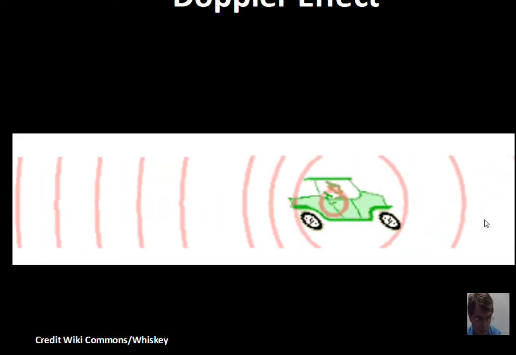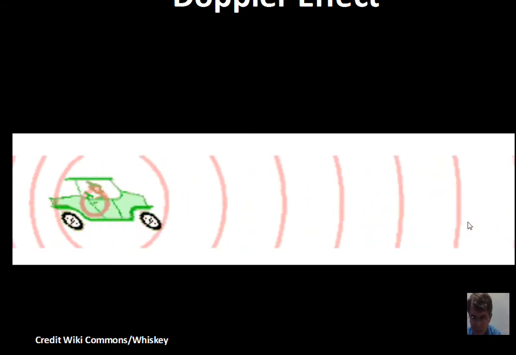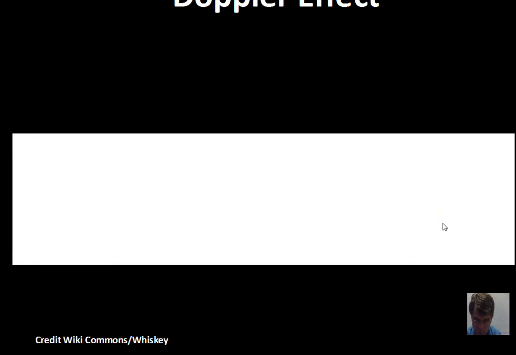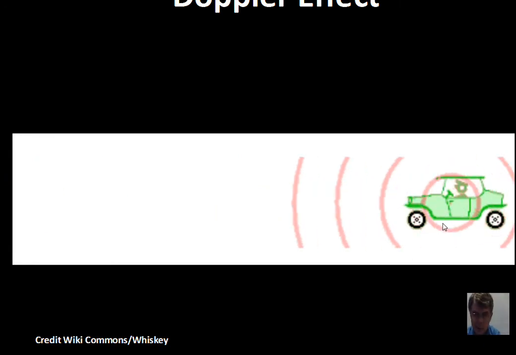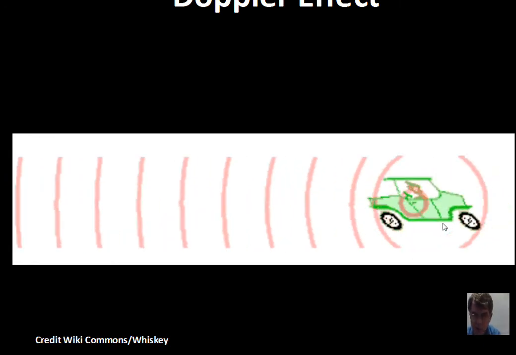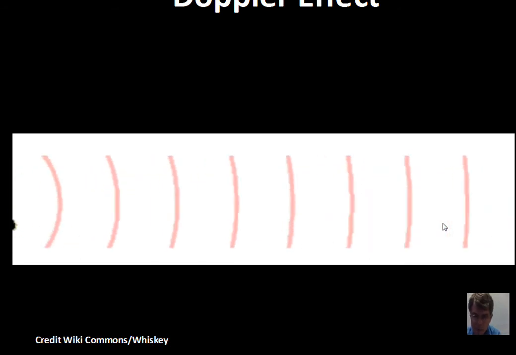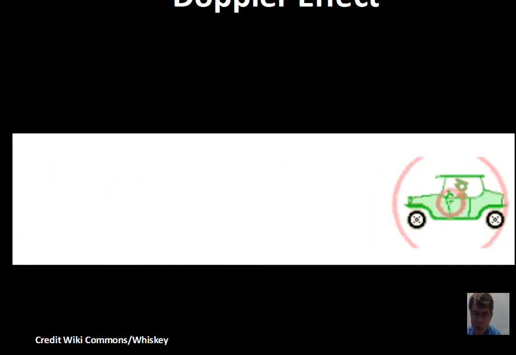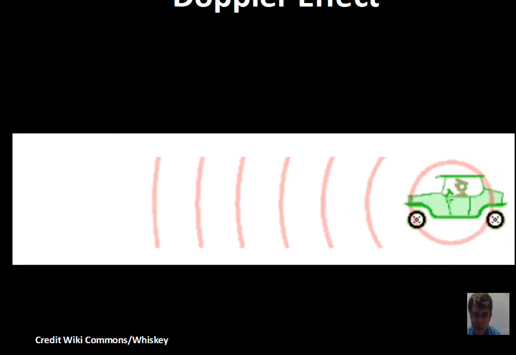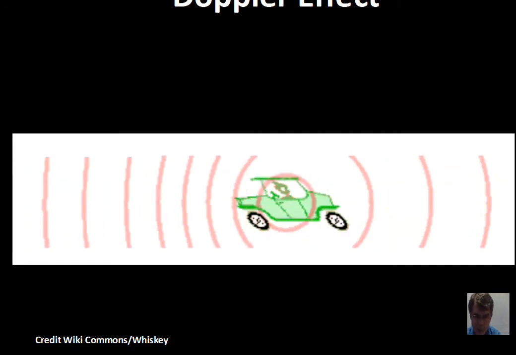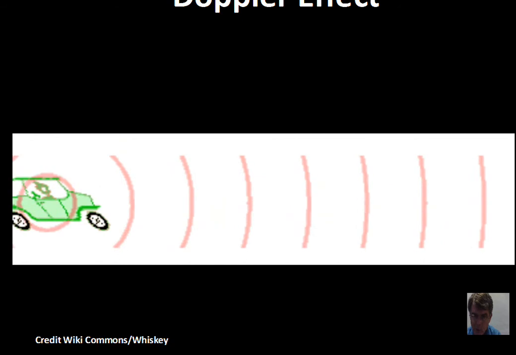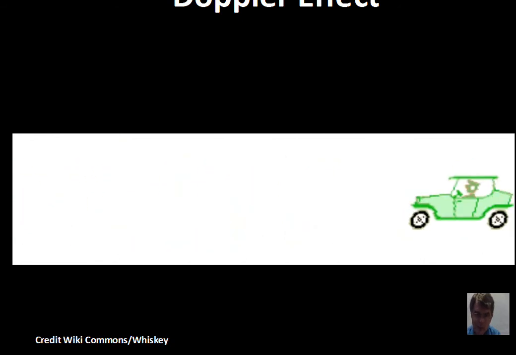Now, possibly in your memory, you've been sitting in a car at a train crossing, and the train sounds its horn. As the train approaches you, the pitch of the train horn is higher. As the train goes by you and moves away, the pitch of the train horn goes down, becomes lower. This is the Doppler effect.